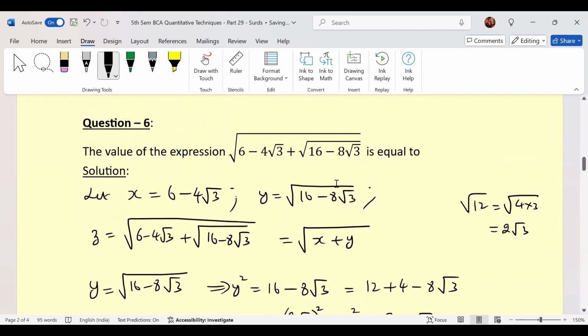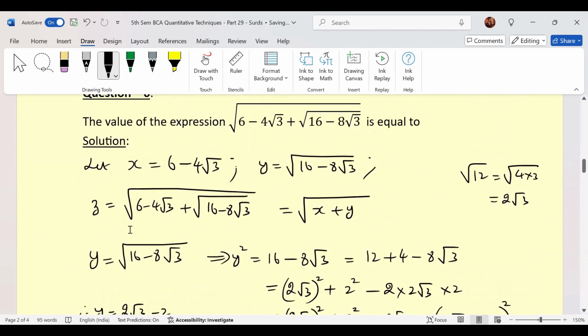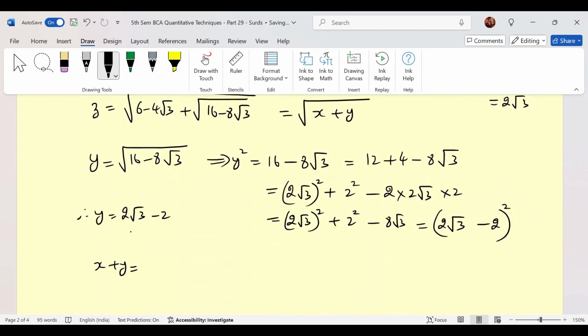Now, let us find out what x plus y is. x is 6 minus 4 root 3 plus y, 2 root 3 minus 2. So if we do this, 4 minus 2 times root 3, that is your x plus y, which can be split as 3 plus 1 minus 2 root 3.